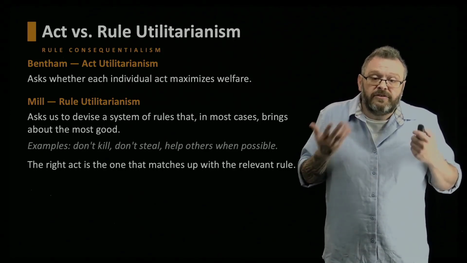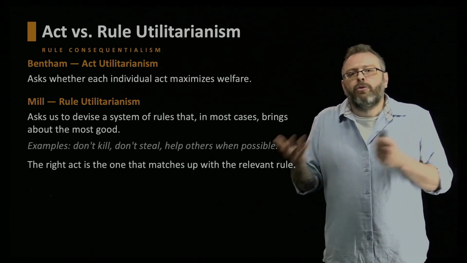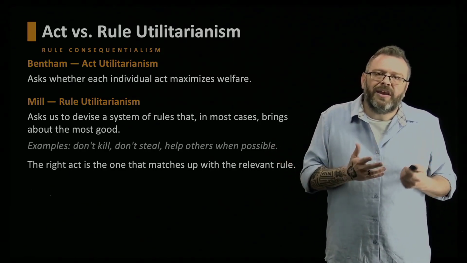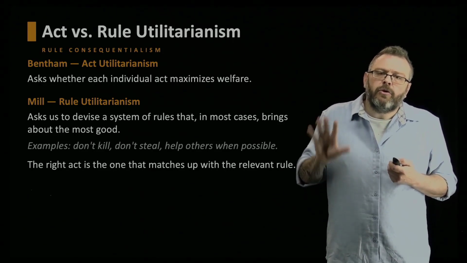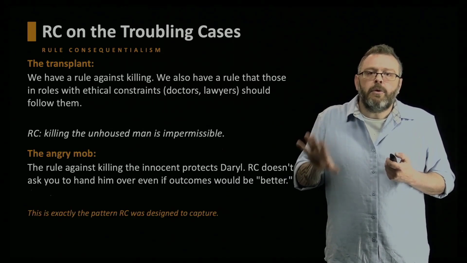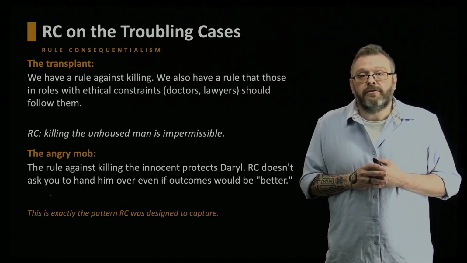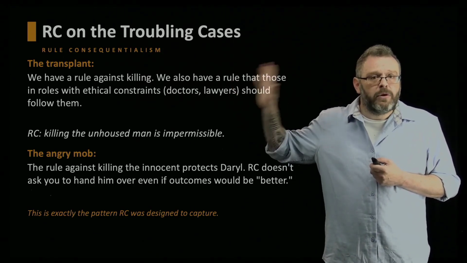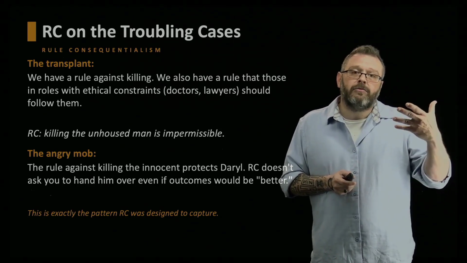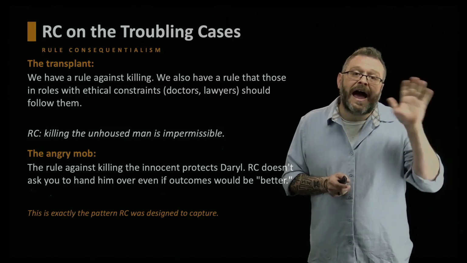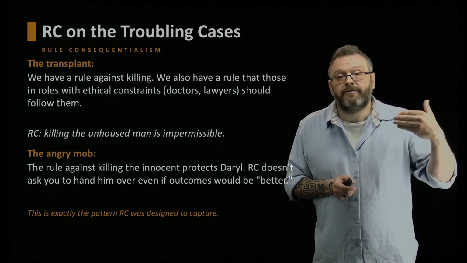This makes sense of a lot of the ways we tend to think about things, right? Don't we have little rules of thumb that we use to operate? I don't seem to be evaluating it every single time. So maybe this has got something going for it. Plus, it gets our transplant and angry mob cases right away. Because presumably, one of the rules we're going to have in our system is a rule against killing. Imagine if we didn't have that rule, the consequences would be much worse compared to if we did have that rule.